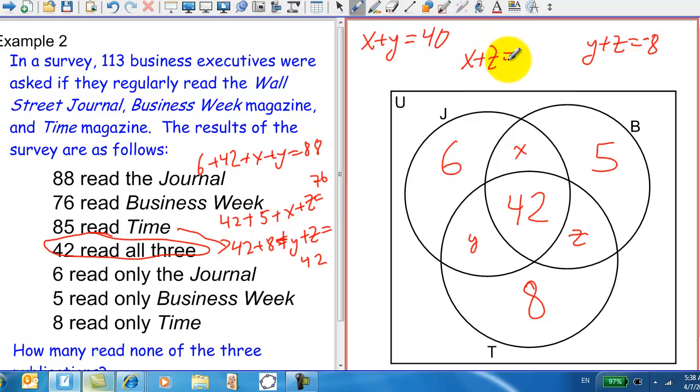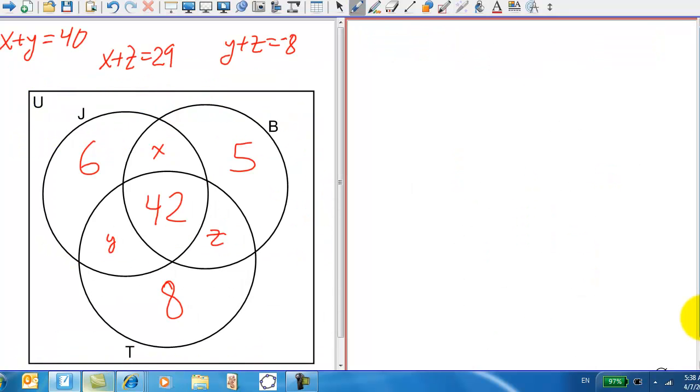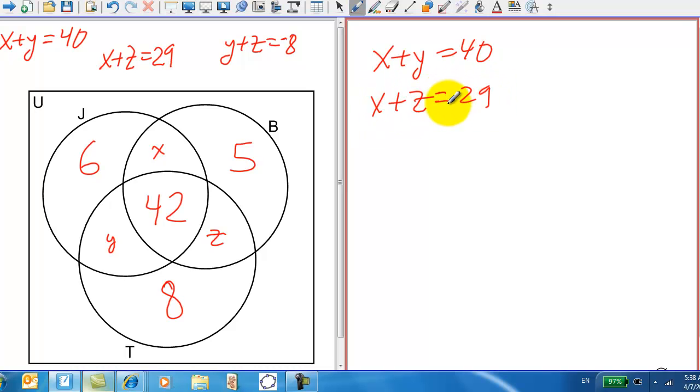X plus Z equals 76 minus 42 would be 34, I think 29. So now we have 3 equations and 3 unknowns. X plus Y equals 40. X plus Z equals 29. And Y plus Z equals negative 8.